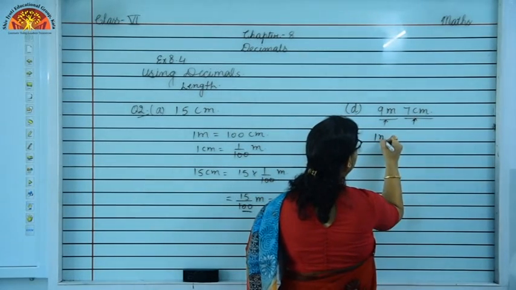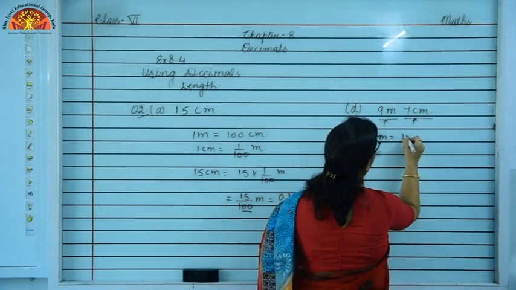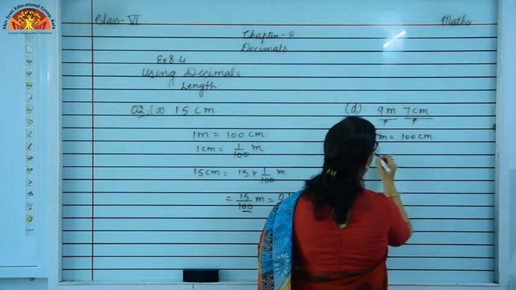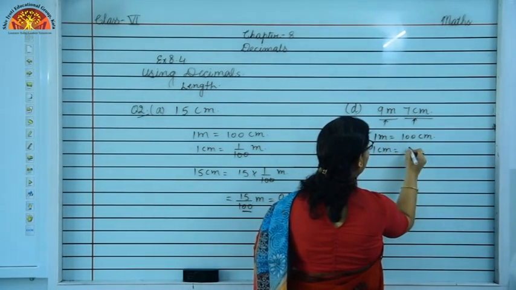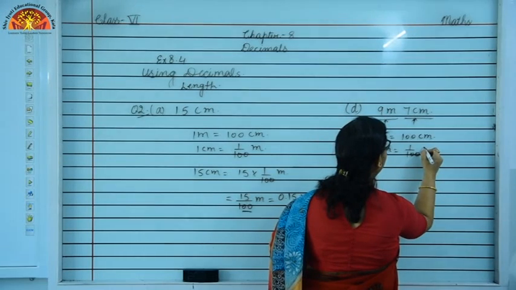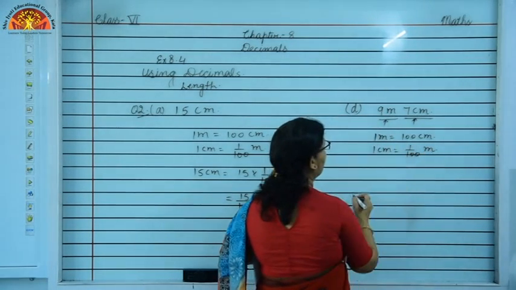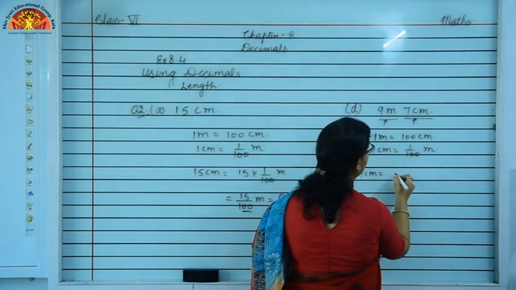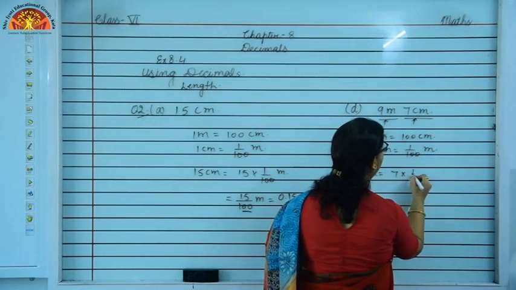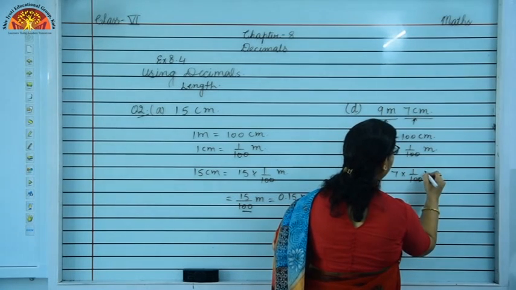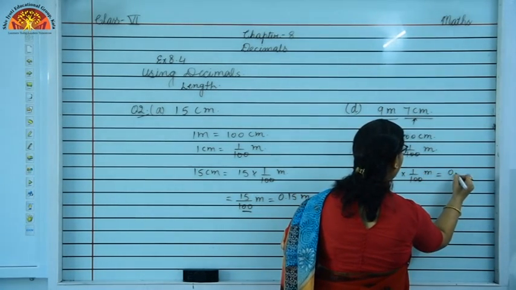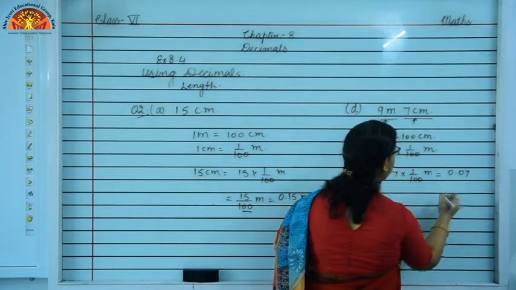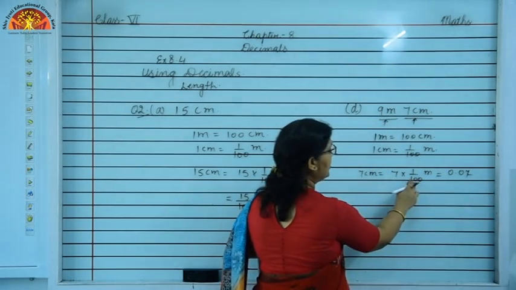So 1 meter is equal to 100 centimeter and 1 centimeter is equal to 1 upon 100 meter. Now convert 7 centimeter into meters. So 7 multiplied by 1 upon 100 meter is equal to 0.07 because we have 2 digits here.